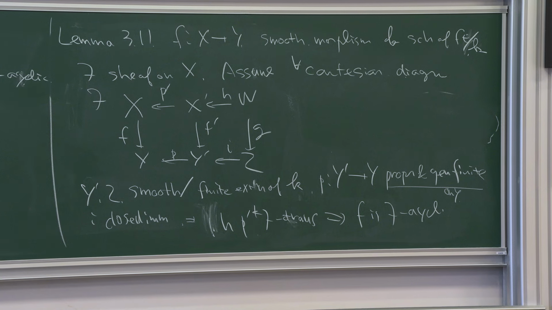I think it should be even true with curves. That's testing on curves. Assuming constructibility and so on, it's probably enough to test with smooth curves over finite extensions of K mapping to the base.